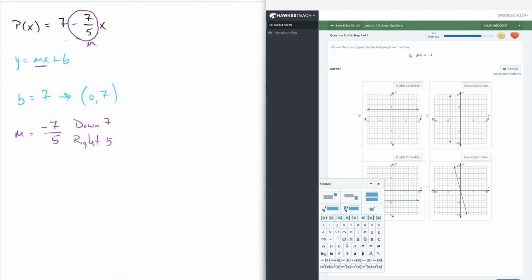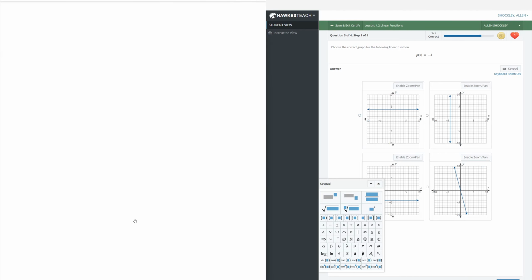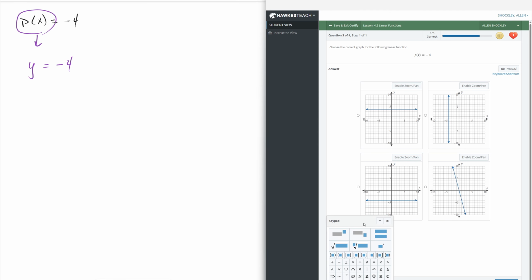Select the following graph. So this is what we were given, p of x equals negative 4. Again, we are just taking a look as this is a line. So p of x equals negative 4. Again, p of x is just a fancy way to say y. So the only thing that I have here is that y equals negative 4.